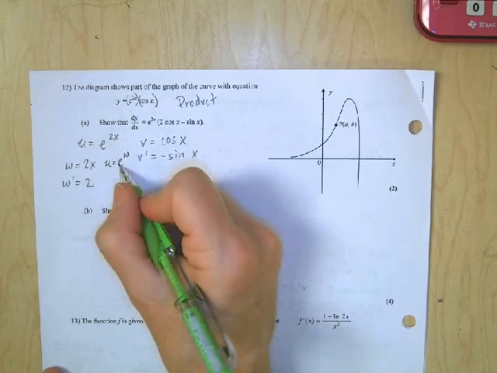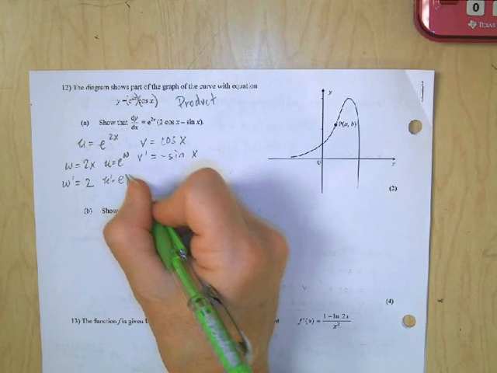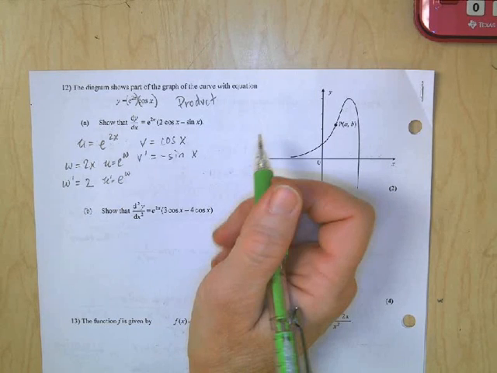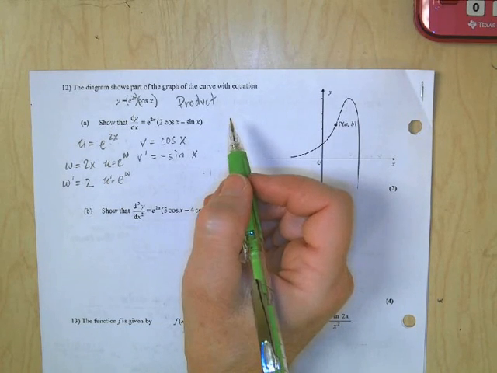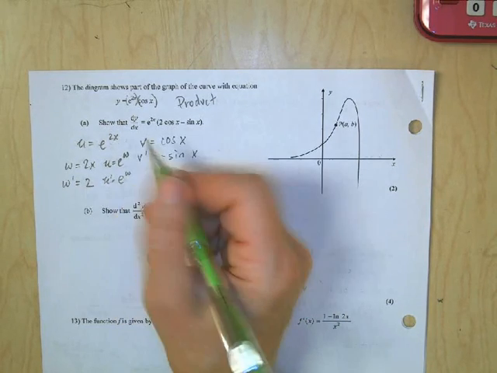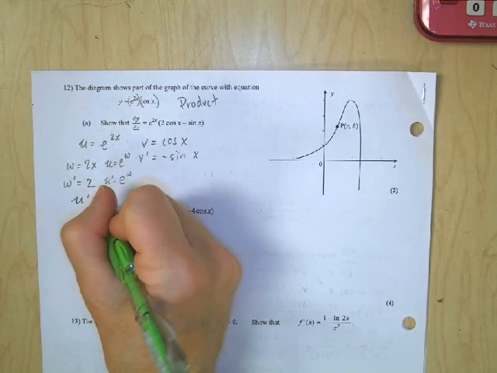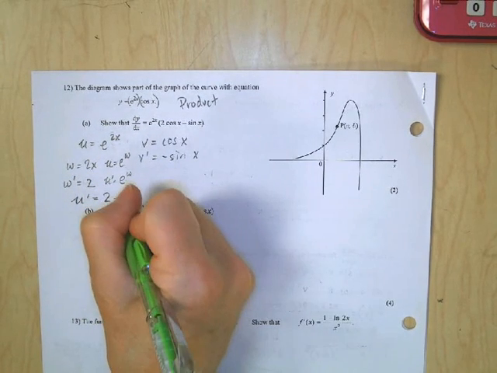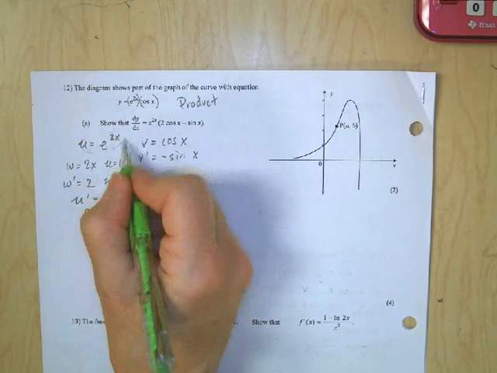And then the derivative here would be just e to the w, because the derivative of a natural exponential function is just the same thing. Then I multiply these together. So my total derivative is equal to 2 times e to the 2x. Okay, so the derivative of this is this.